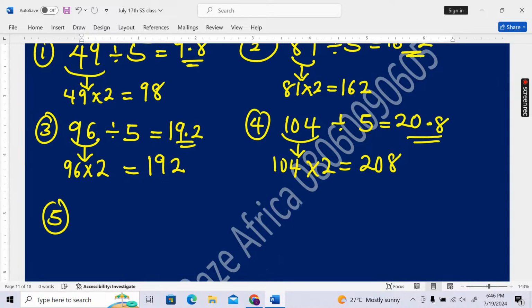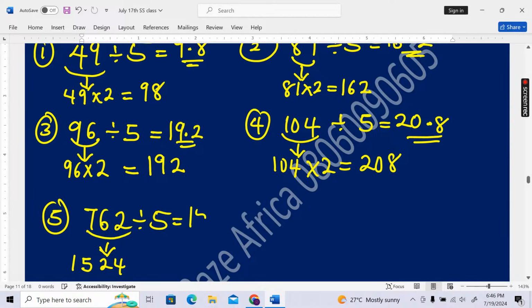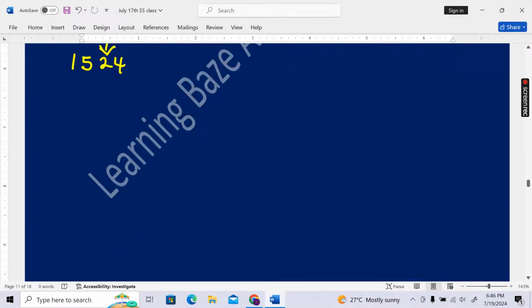So what if we have 762 divided by 5? Double 762, you're going to have 1524. Then introduce the decimal point before the last digit. That will be 152.4.